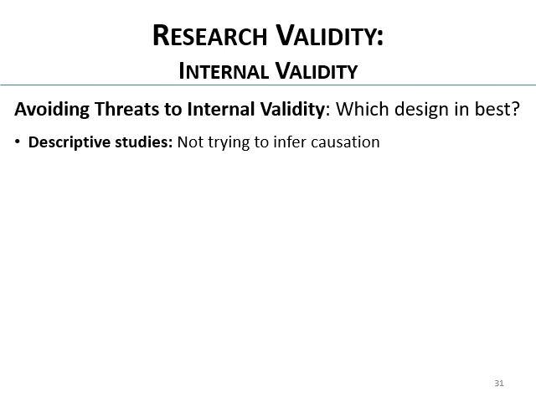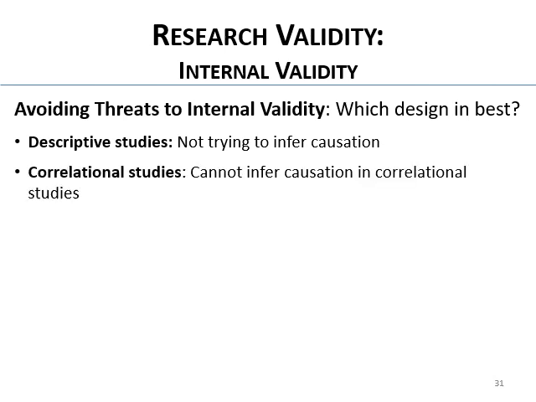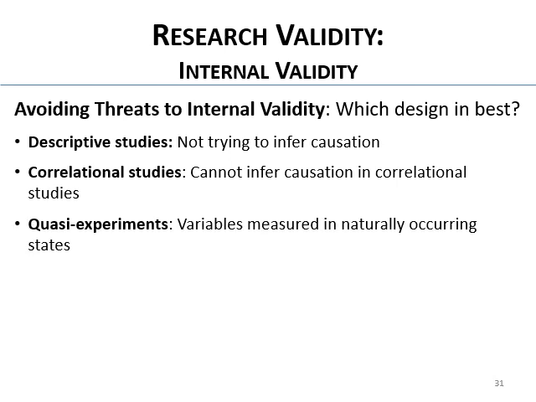So that one's not going to be the best for ensuring you have good internal validity. Correlational studies we've talked about, and in correlational studies you're just looking at the relationship between naturally occurring variables, and it's sort of like a meme that your stats professor says you cannot infer causation from correlation, right? So again, correlational studies are not the best for ensuring internal validity.